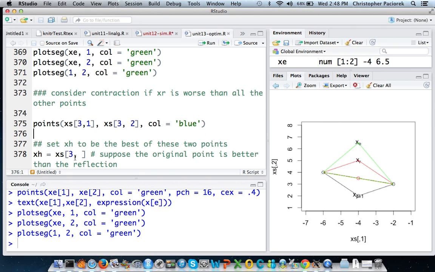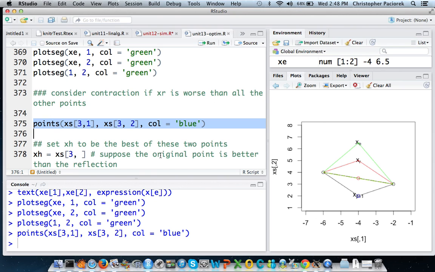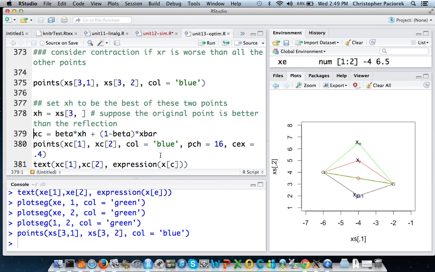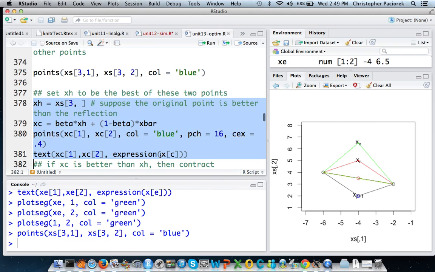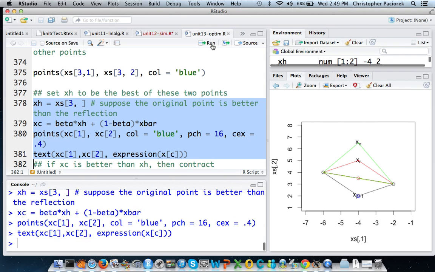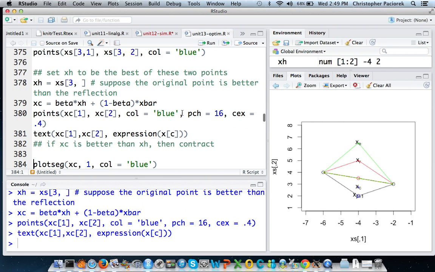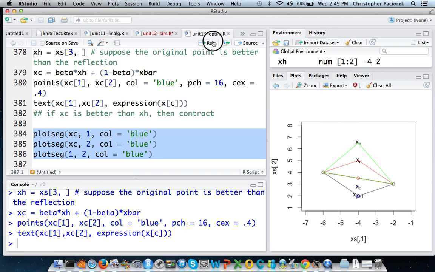And if the expansion didn't look good, then we might be in the situation of going back to x p plus 1 and doing a contraction, and that contraction would look something like this.